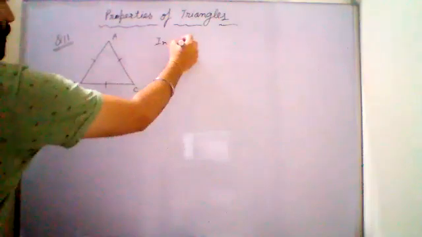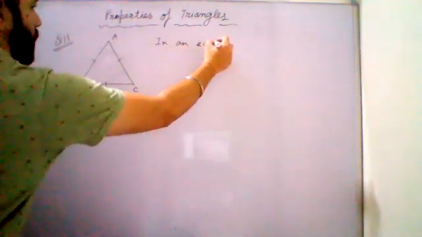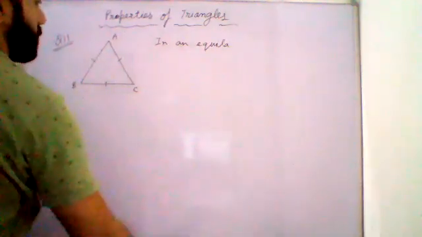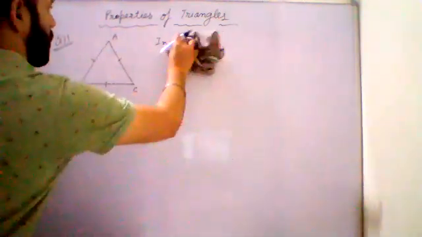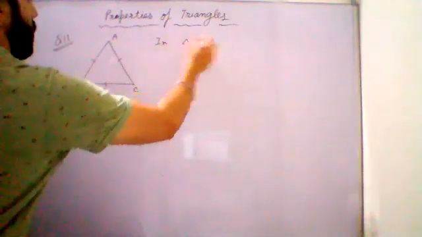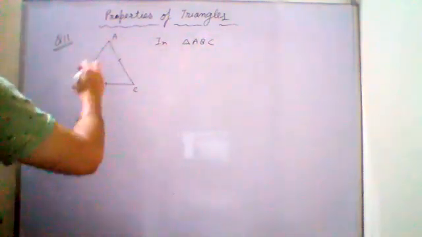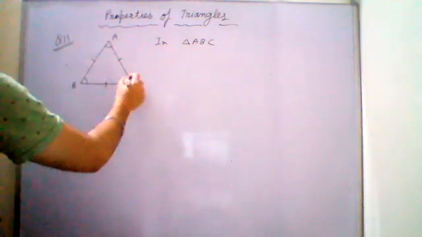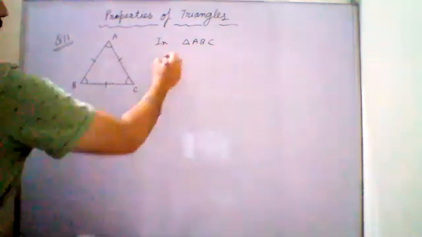Because it is an equilateral triangle, in the given triangle ABC, all the three sides are equal and all the three angles are also equal. Angle A, angle B, and angle C are equal.